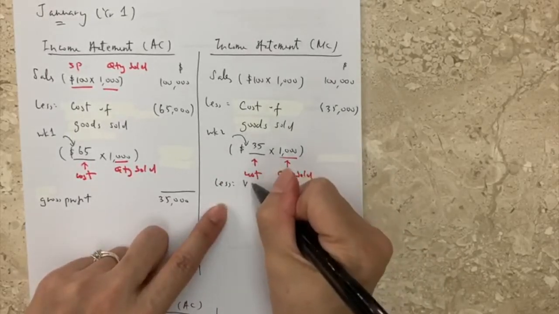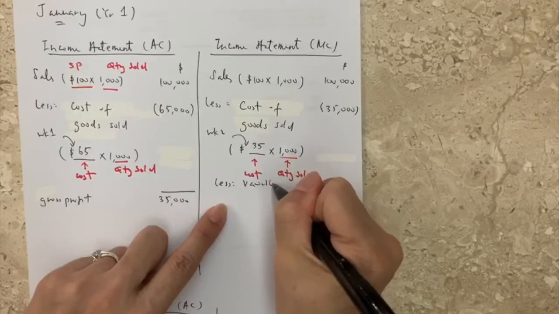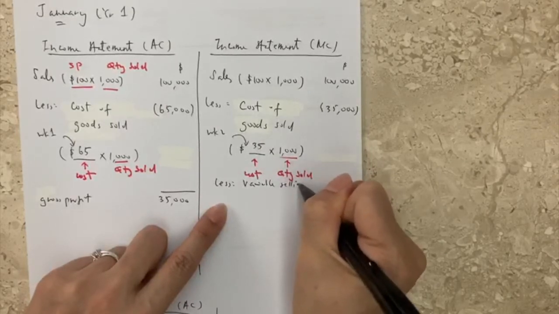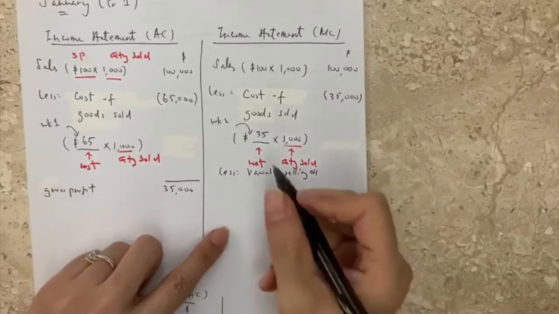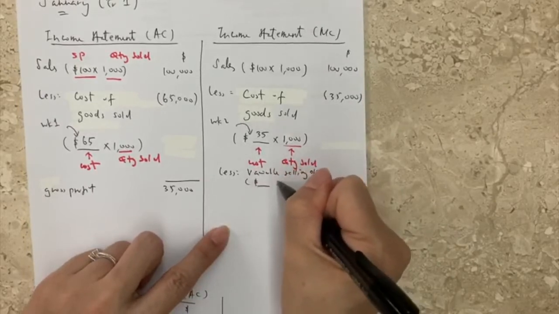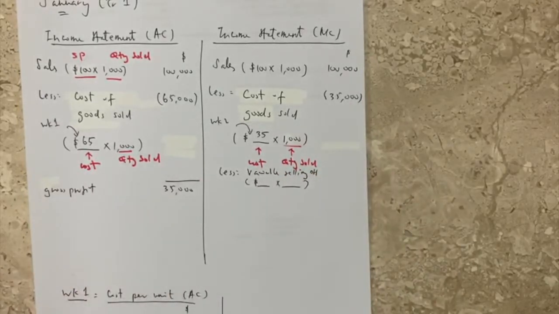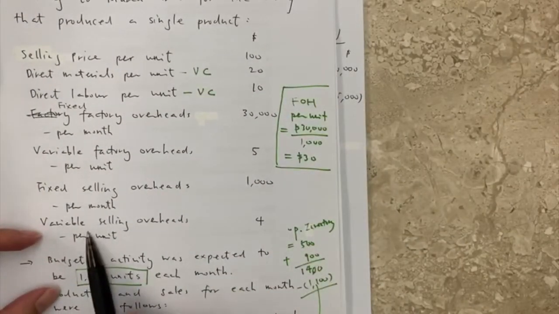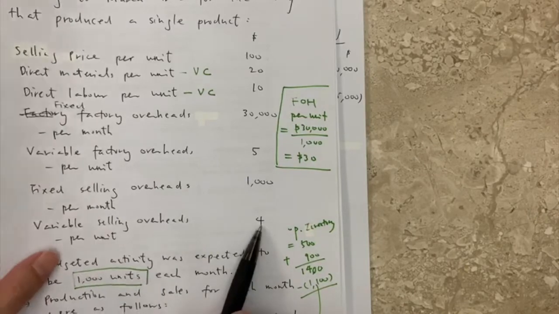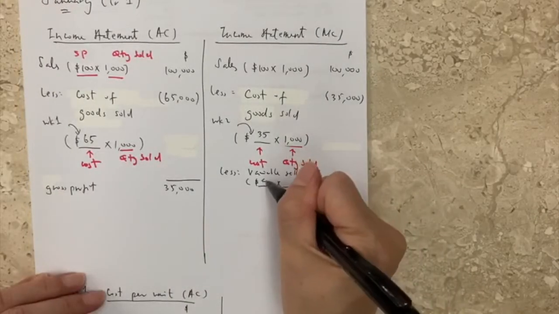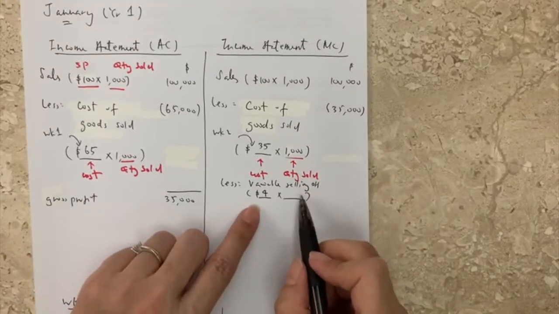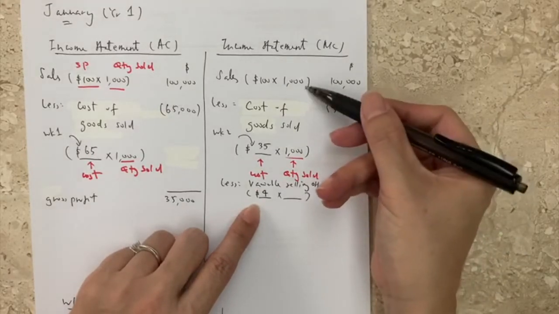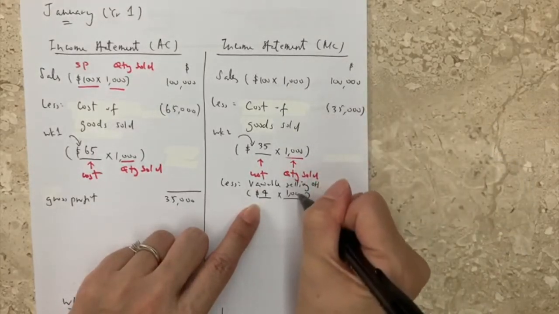So I have the variable selling overhead, which is $4 per unit. Since this is related to selling, it must be quantity sold, so that would be 1,000.